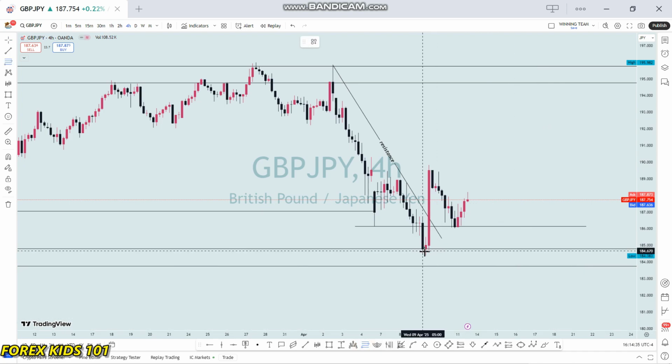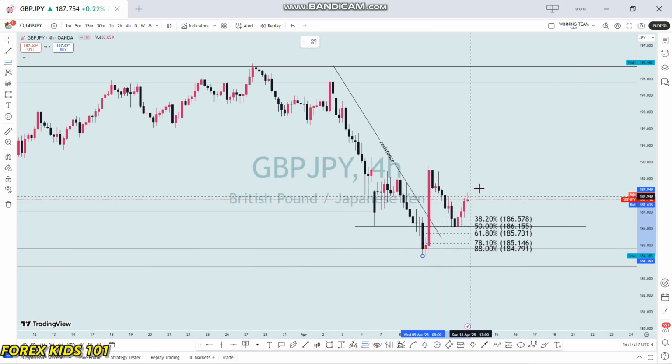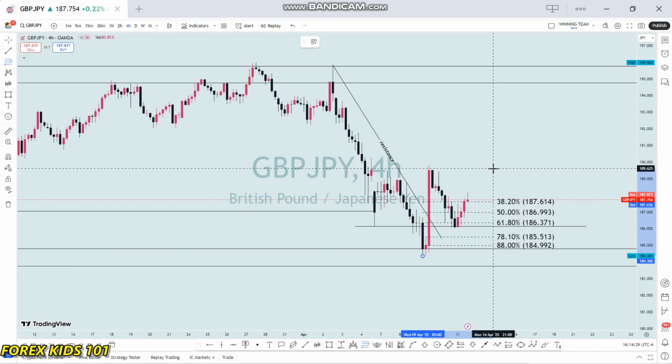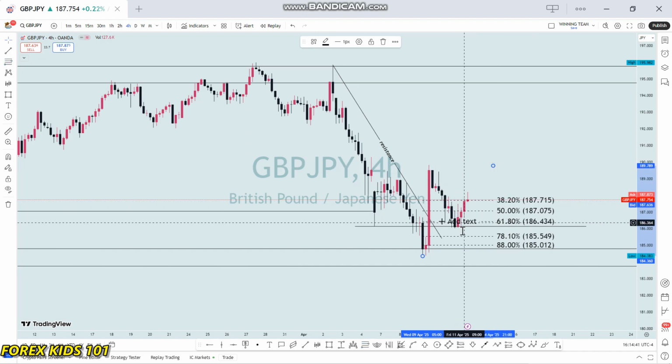So what are you going to be looking for? First, I measured this whole leg here, this impulsive wave. I saw that we traded below the zone, but we closed above all the time. So we're going to be looking for anything which takes place in between these areas.